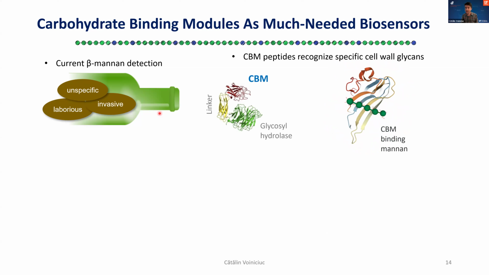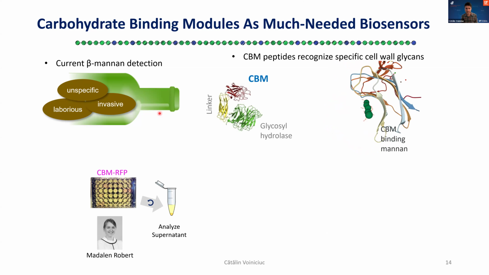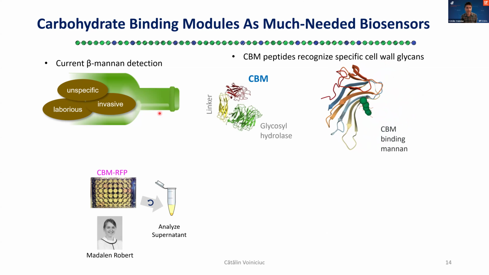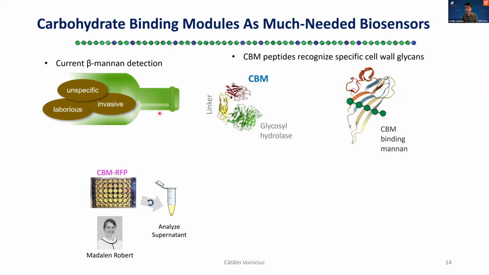These are non-catalytic protein domains found primarily in bacteria and fungi, which are designed to recognize specific cell wall glycans. And so we took some mannan CBMs, tagged them with a red fluorescent protein, or RFP. This is work led by another student, Madeline Robert, and programmed them to be secreted from our Pichia expression system.